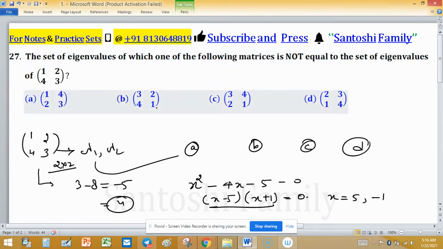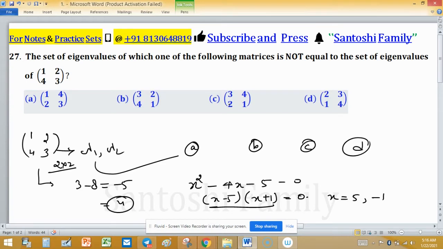In option B, only the principal diagonal elements are interchanged, so the trace is the same and the determinant will also be the same as the given matrix, so B is not the right choice.